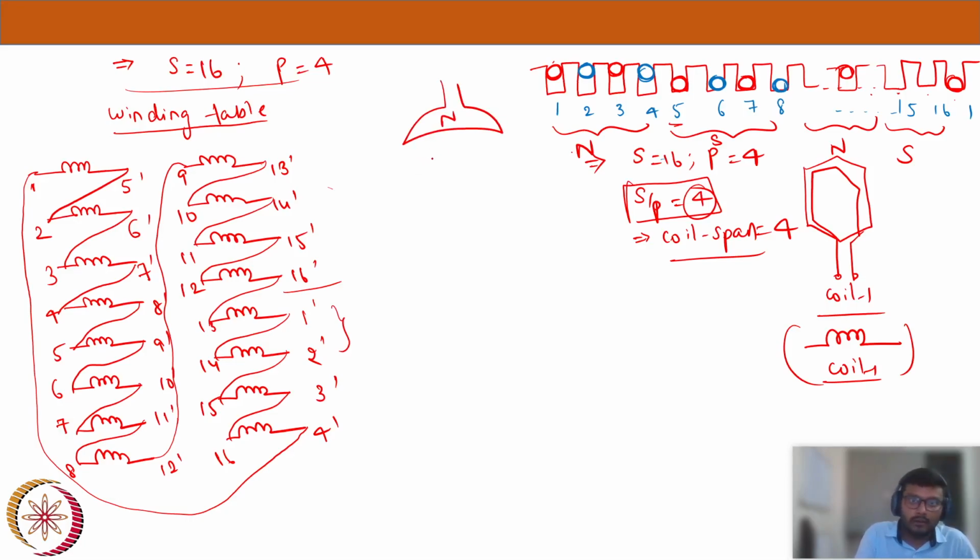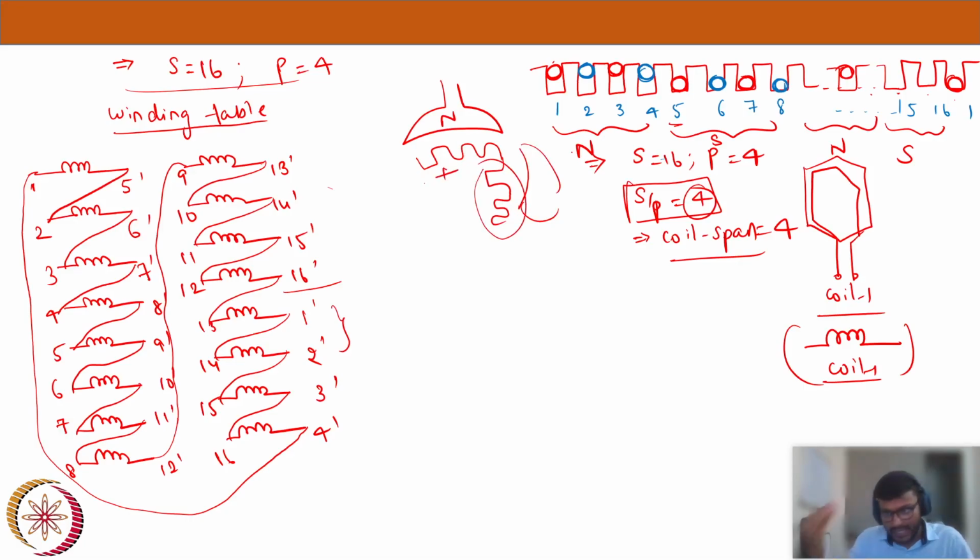Let's say this is a north pole. There are four slots under the north pole, and other slots are under the south pole, right? Under the north pole, let's say these have positive polarity. The next 4 slots under the south pole will have reverse polarity. That's what we should take, because the EMF induced is proportional to B l v sin theta, where B is the field, l is the length of the slot, and v is the velocity. Under the north and south pole, the field direction will be opposite.